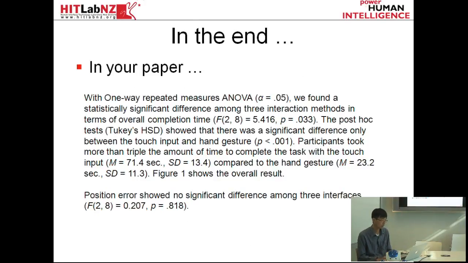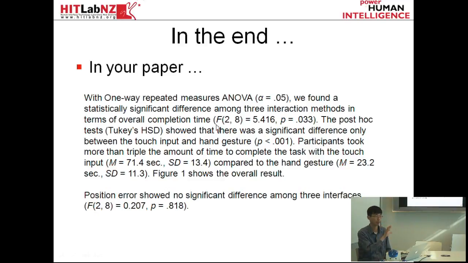So in the end, in your paper or in your report, you will be writing a paragraph summarizing these results in your words. So it could look something like this: with one-way repeated measures ANOVA, you say what kind of statistics tool you used and the alpha level you used. We found a statistically significant difference among 3 interaction methods.